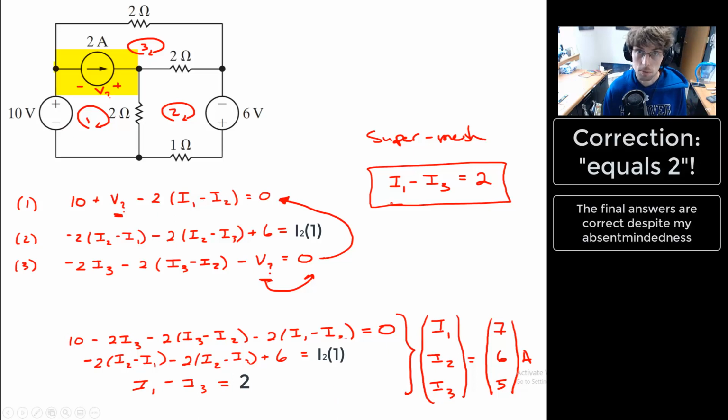Notice they're all positive, so we happen to choose the proper directions. And so I guess the only other thing is finding the current between this 2 ohm resistor and that 2 ohm resistor. Well, this top one that I've got highlighted, it's 3, I'll say 2 minus 3. So we get something like it's 1 amp going to the right. And similarly, if we do 1 minus 2, we get 1 amp going down.